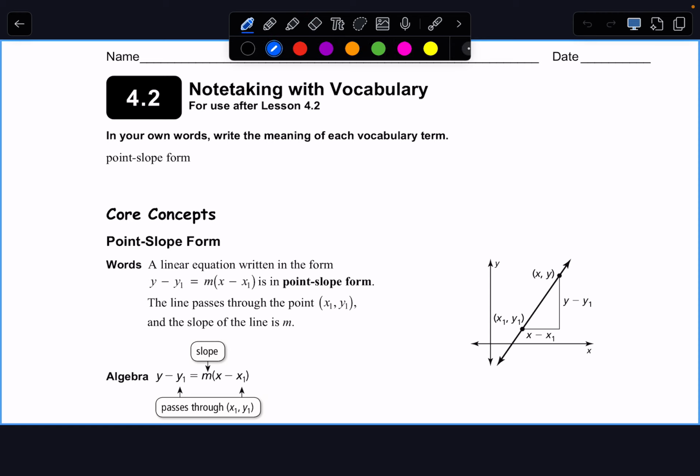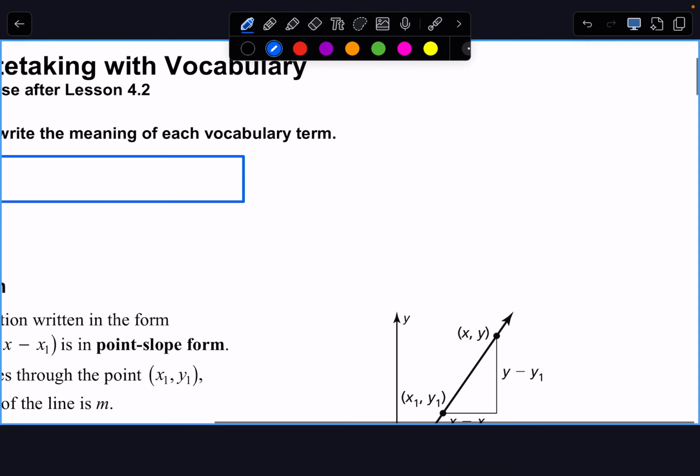Before I actually fill in this box right here, don't draw a box. We're going to come back and fill that in. I want to talk about how we find slope. How do we find slope?